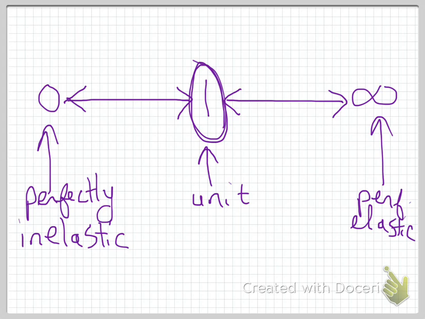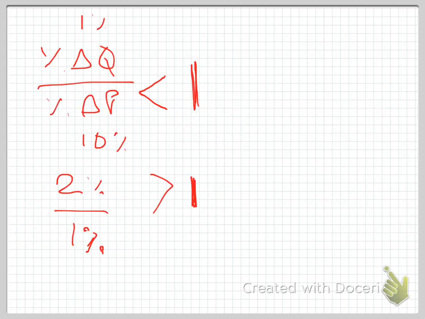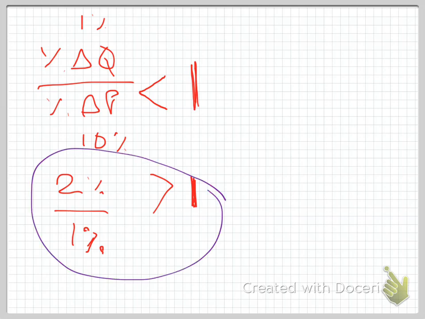So anything greater than 1, remember over here, the numerator here is basically the percentage change in the quantity. That is supposed to be an arrow from quantity. And down here, price. I know, just my hand's not working real good at the moment. So that's the best I can draw.